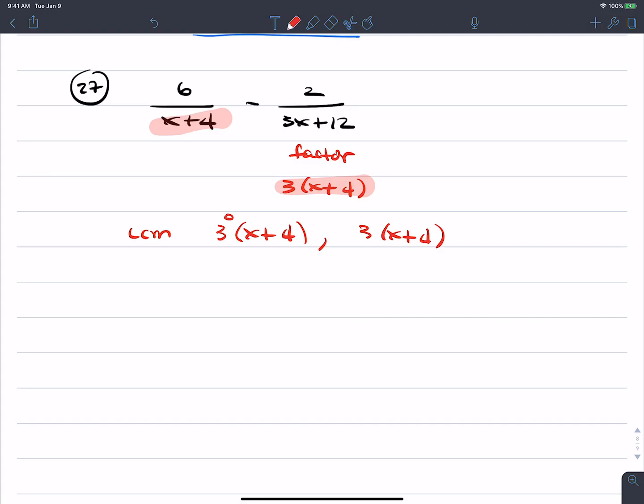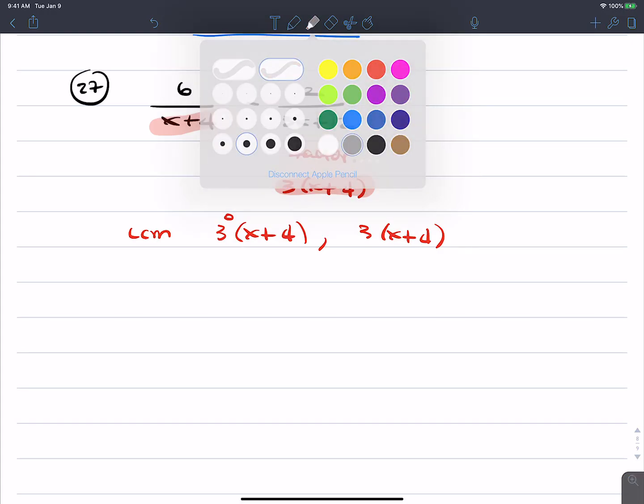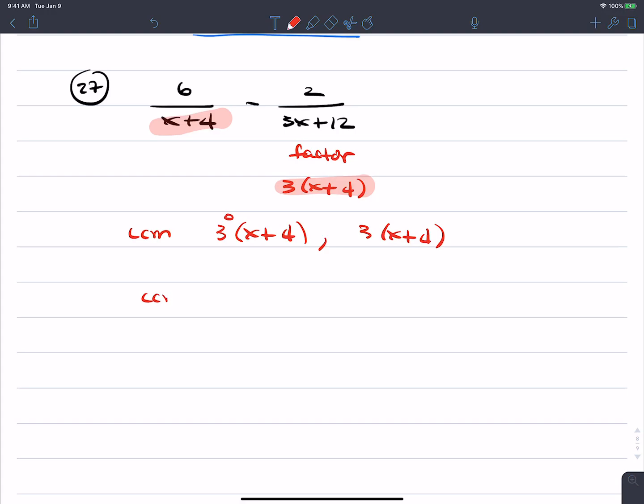And when we compare terms, the LCM will be equal to 3 to the, let's compare the powers. 0 versus 1 gives you a 1. 1 versus 1 is also 1. So here's our LCM: three times x plus 4.